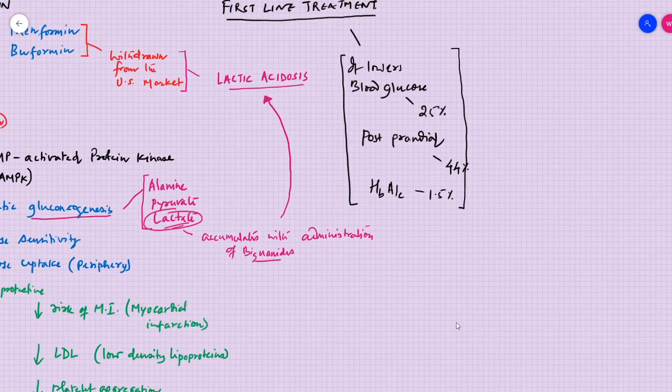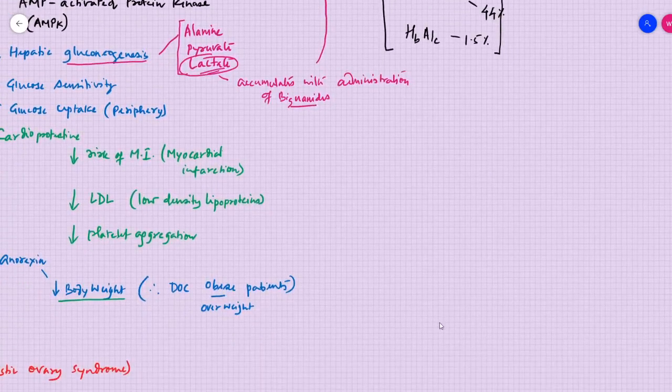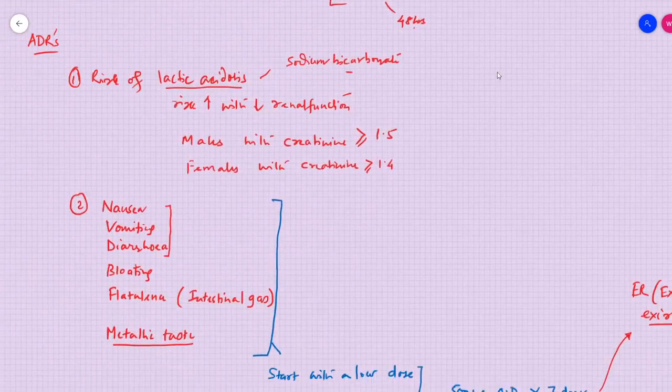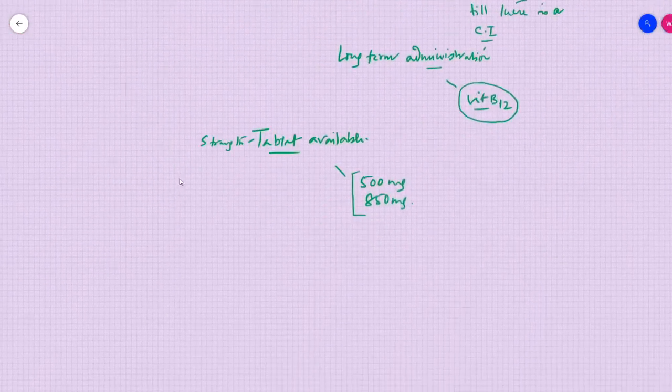Let's summarize all this information and write the advantages of biguanides. What was the first advantage that we talked about?